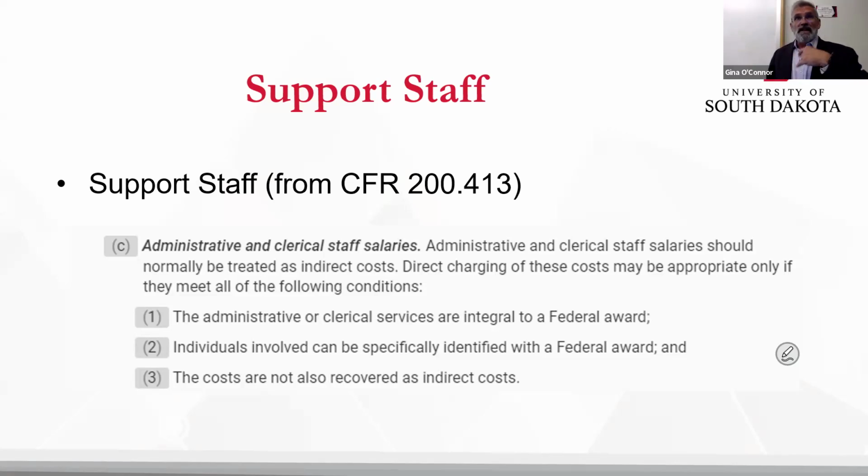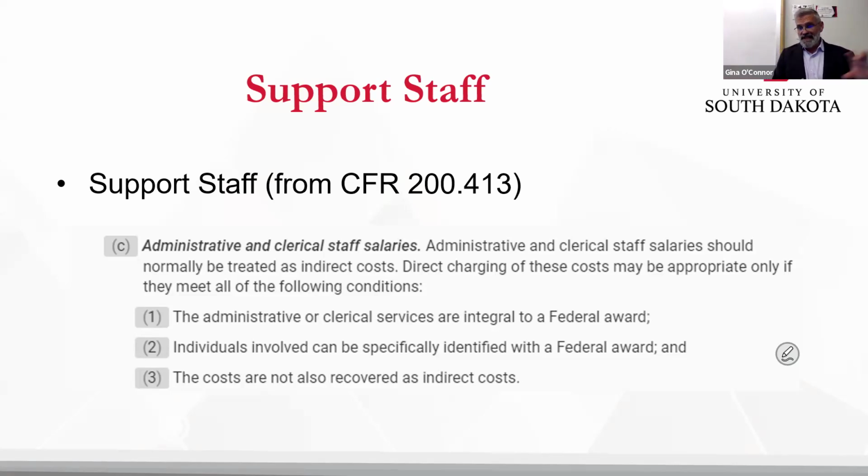However, it is still an allowable cost if you can meet those three criteria that are integral to the federal award. So again, that's where you get that definition of a direct cost. If you can say, yes, this activity is directly related with that objective of the proposal, then you can support it.